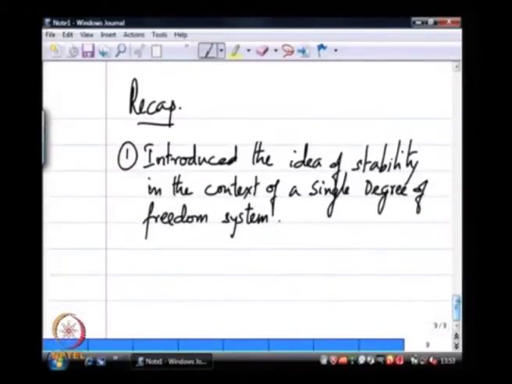The ball in a trough is what in mechanics we call a single degree of freedom system. There is only one degree of freedom for the ball.